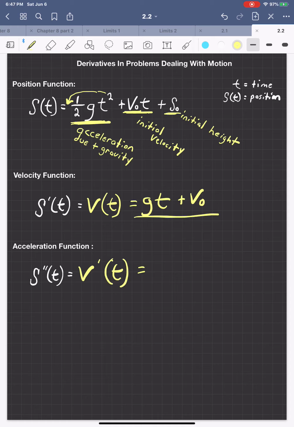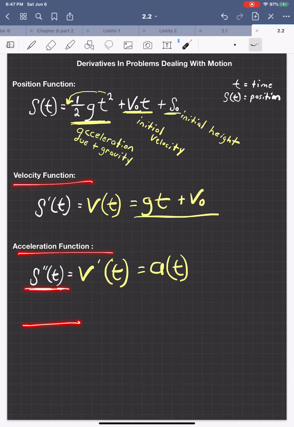So whatever this is, if you take the derivative of v, that would be v prime, which is acceleration. This is not particularly germane to our class, but you can continue taking derivatives. s triple prime would be, we have velocity, then acceleration, then the next function would be jerk. That would be the change in acceleration.